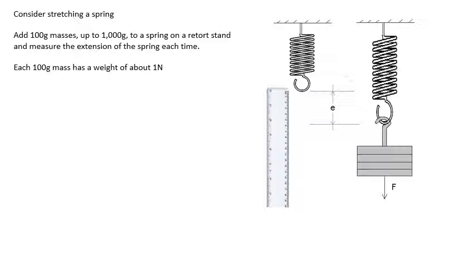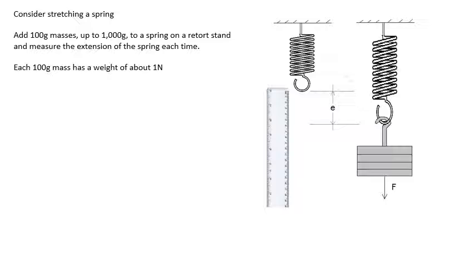That is its length minus its original length. Its extension, little e. We'll say that each 100-gram mass has a weight of about 1 Newton. Okay, it'll actually be 0.98 newtons, but we'll simplify it. We'll say 100 grams has a weight of 1 Newton.